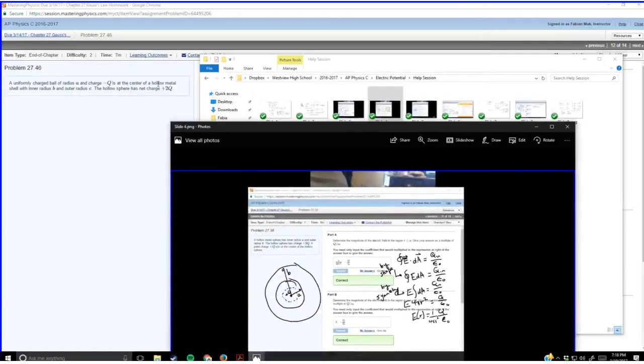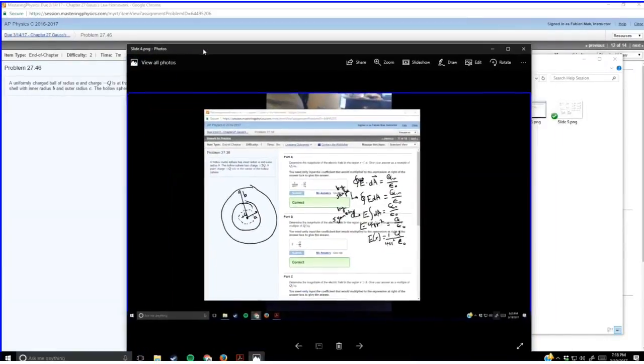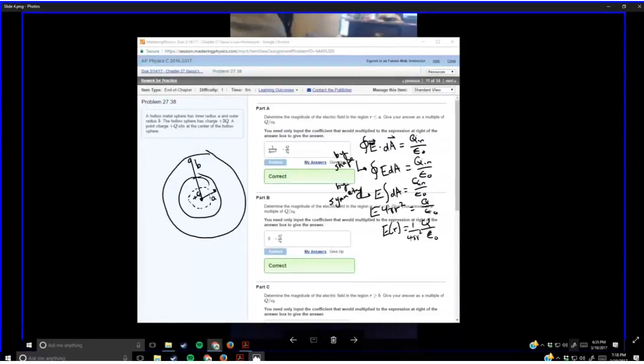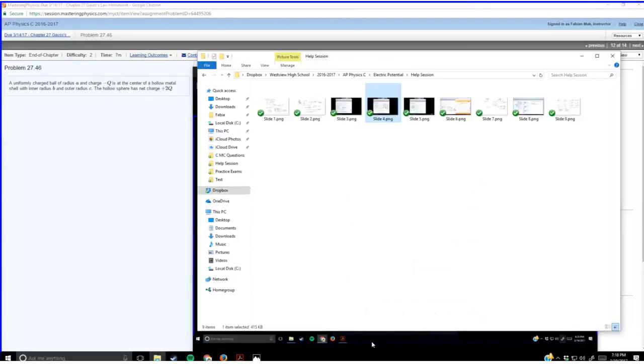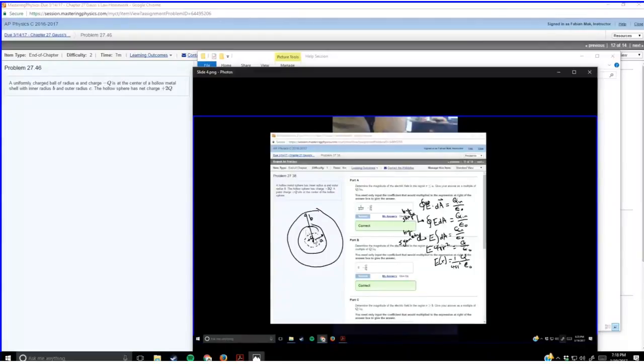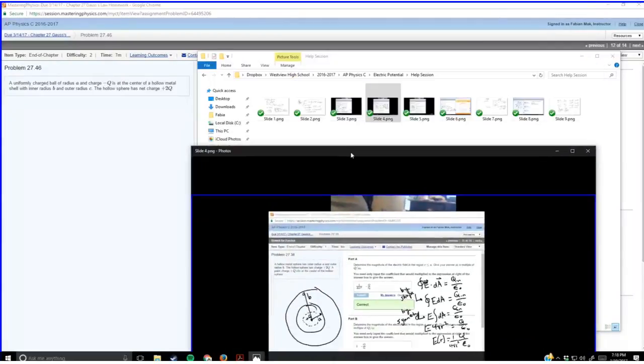Here it says it has a hollow metal shell with some inner radius and some outer radius. This is a little different because the ball has some radius a, whereas in the previous problem it was kind of like a point charge. But we can treat it very similarly.